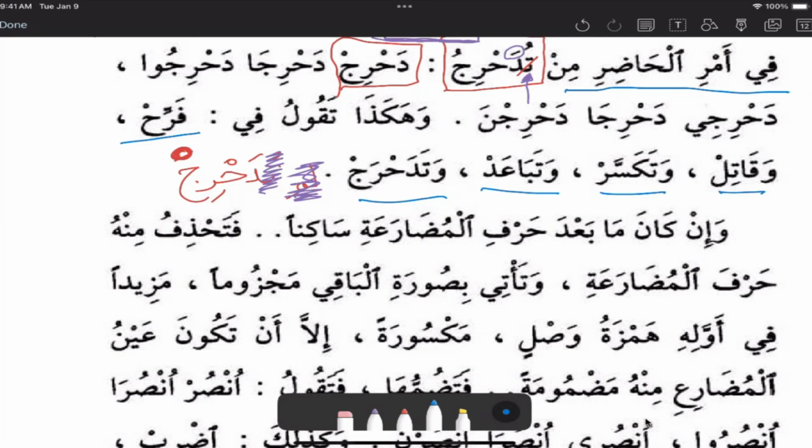So, because the past tense has that dhamir attached to the end. But when you say the command at the end, akrim, there's no pronoun attached to the end. And also, even when you bring the mudari, there's no pronoun there. Tukrim, akrim, tukrim, akrim.